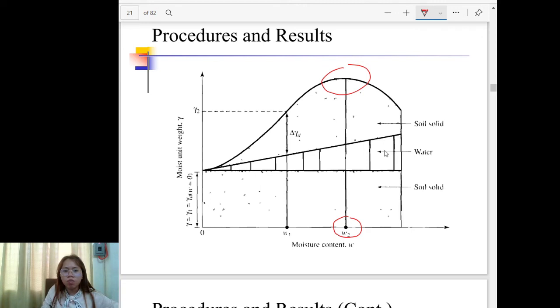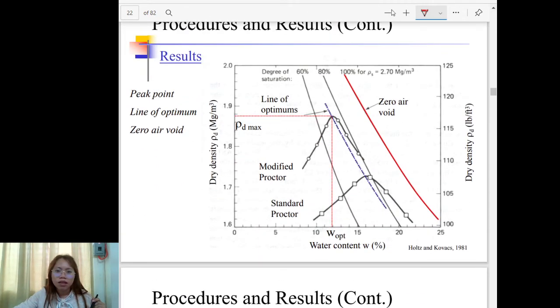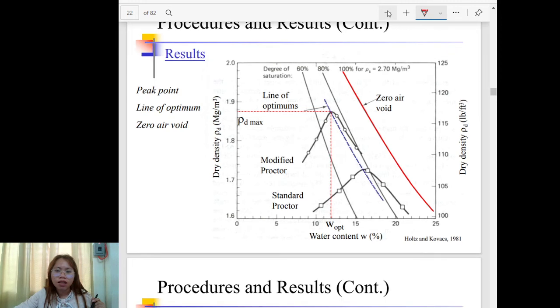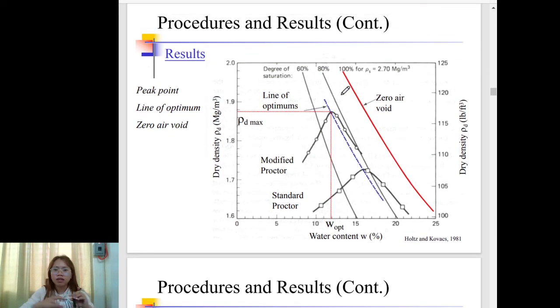But even when increasing water, there comes a time that your dry density decreases. So this is the result at different moisture contents.